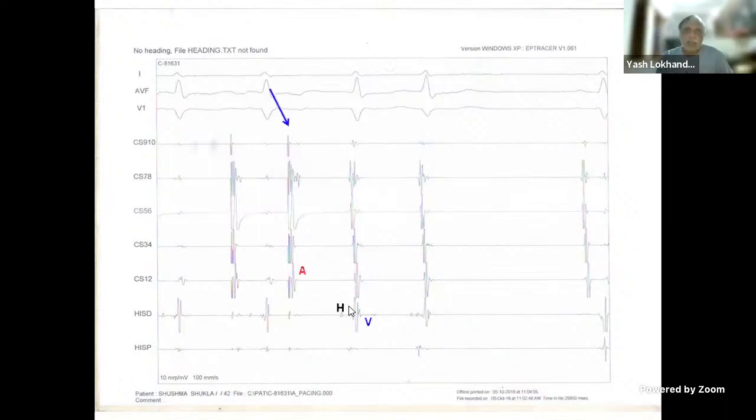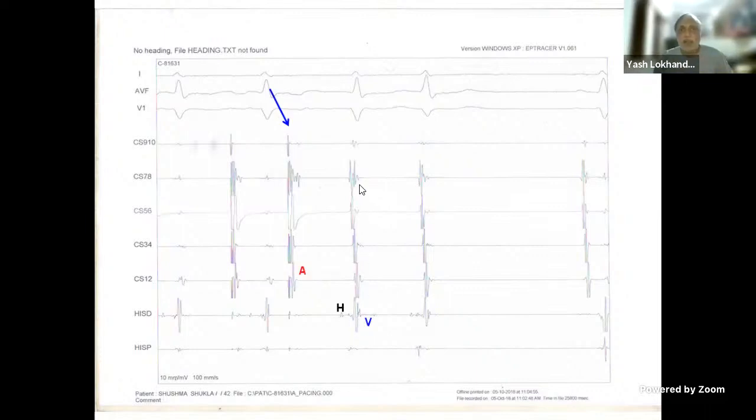So before looking at intracardiac signals, always look at the surface ECG. There is suddenly a very long PR. If the PR interval has changed from a normal PR to a very long PR, it could have changed from going by one route in the AV node to another route in the AV node. The normal PR is what we call the fast pathway, and a longer PR is what we call the slow pathway.